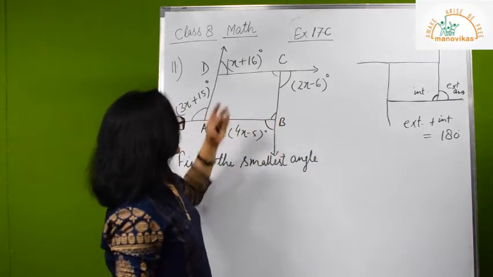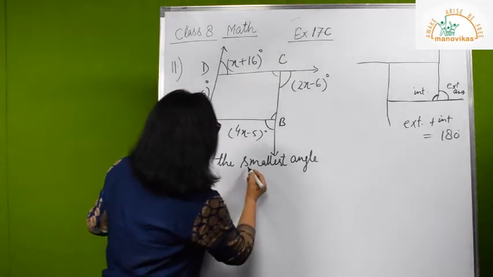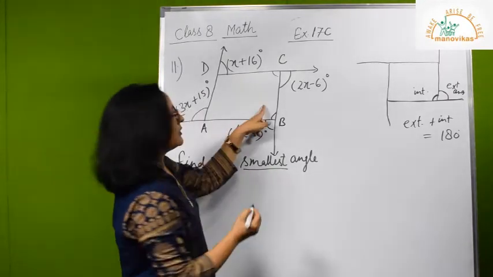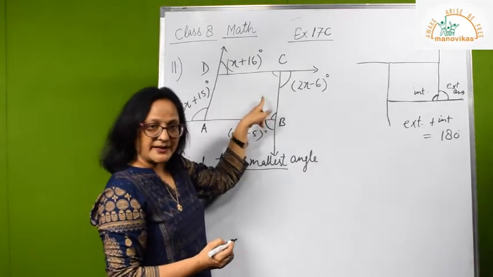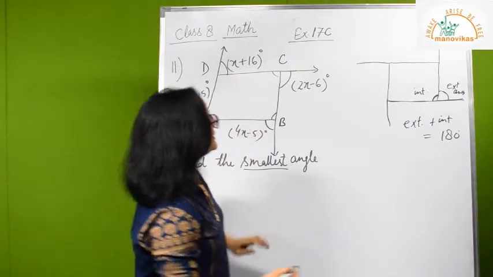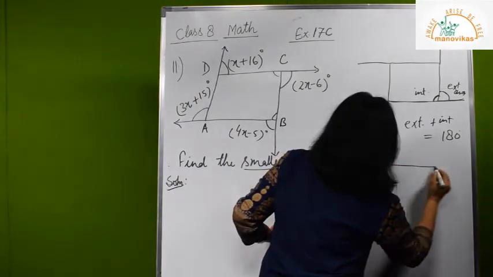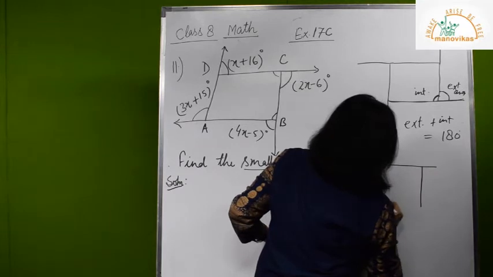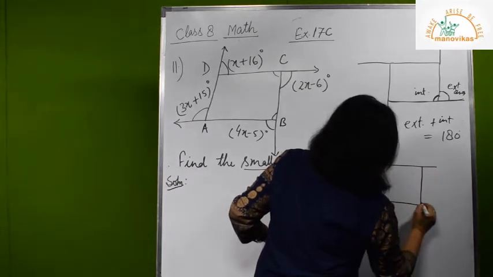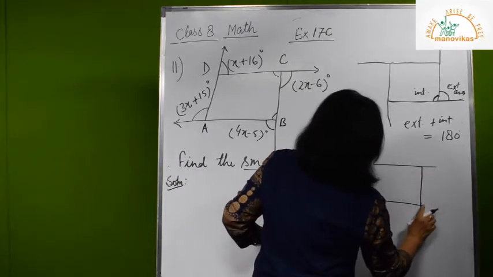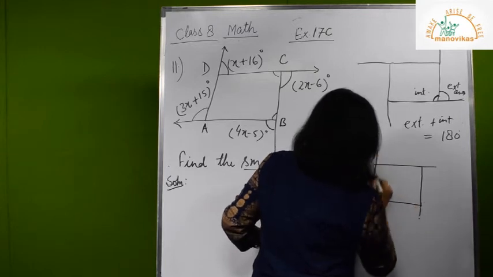Okay. Second concept that we will use is for the smallest interior angle of the quadrilateral. Now this concept you can understand. Suppose this is the quadrilateral.